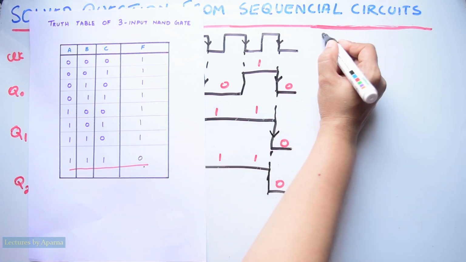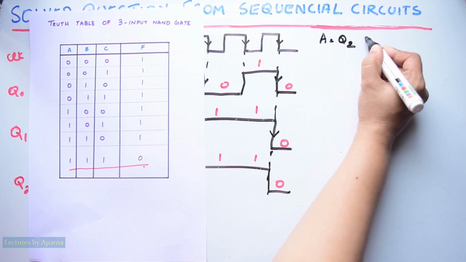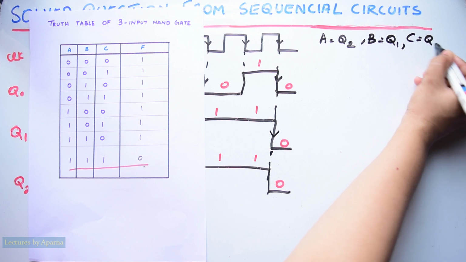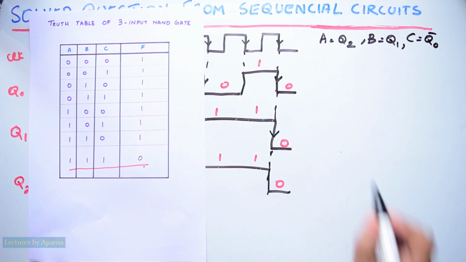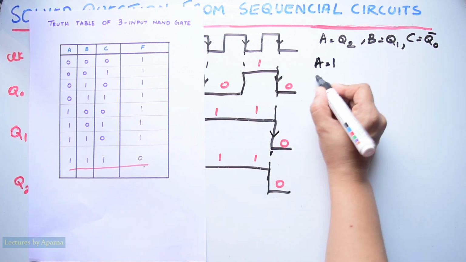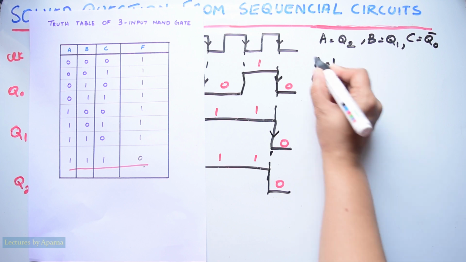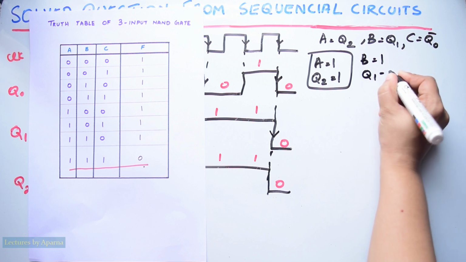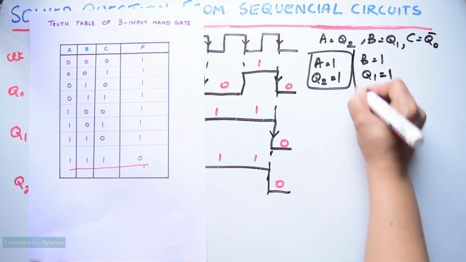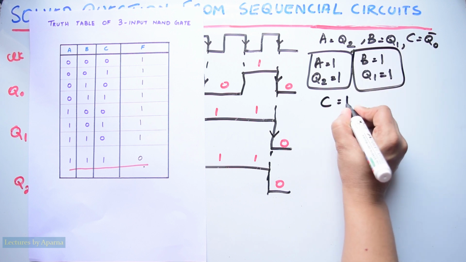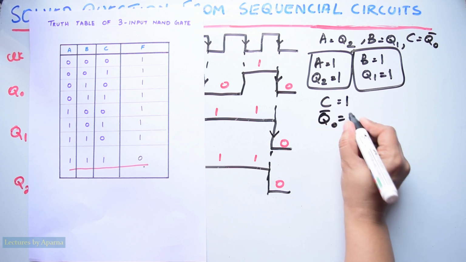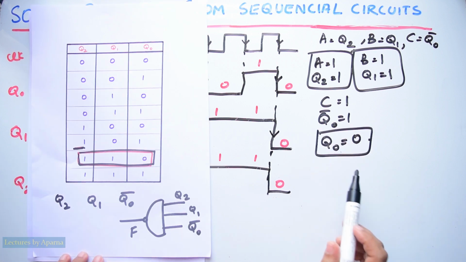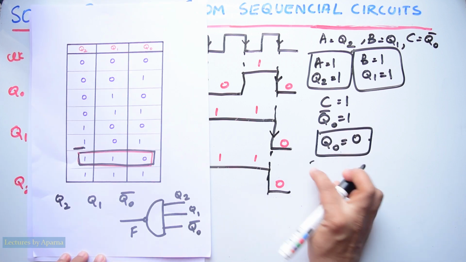So if A is equal to Q2, B equal to Q1 and C equal to Q0 bar, then A equal to 1 means Q2 is equal to 1, B equal to 1 means Q1 is equal to 1, and C equal to 1 means Q0 bar is equal to 1, or Q0 is equal to 0. So this will satisfy the condition.